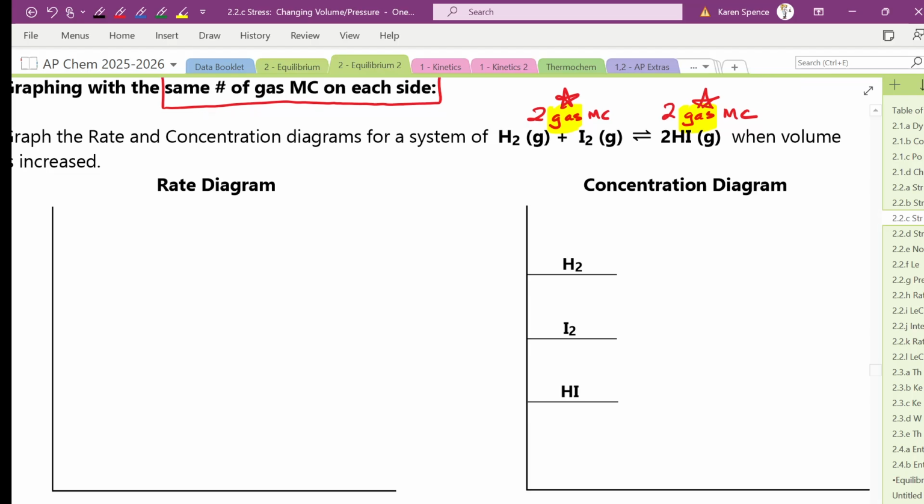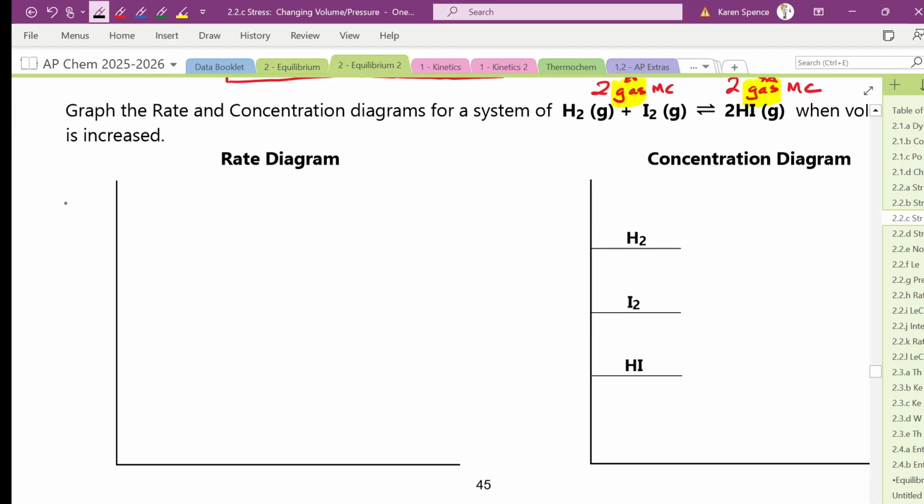Our rate diagram, we should have the y-axis labeled rate, x-axis labeled time, and we should have our legend, forward and reverse. If you want to use different colors, you can use different colors, but this saves you having to pull out a different writing utensil. Forward, reverse.